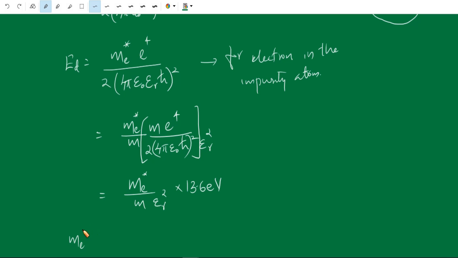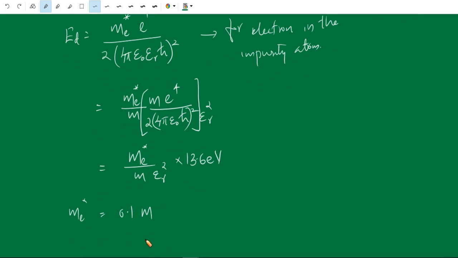If you want to calculate the ionization potential, the effective mass of the electron in germanium is about 0.1 times the mass of the electron, and in silicon me star is given by 0.2 times the mass of the electron. So the effective mass of the electron in germanium is about 10% of the mass of the electron, and 20% in silicon.